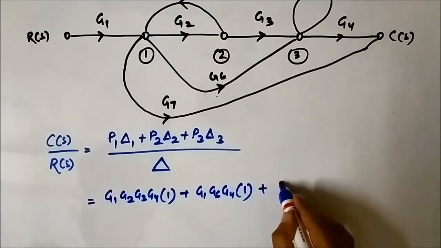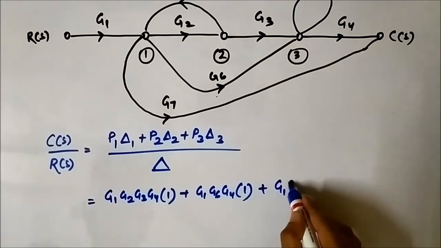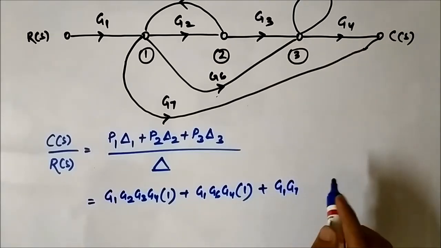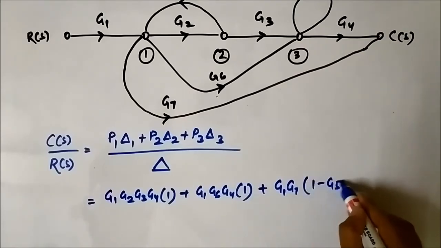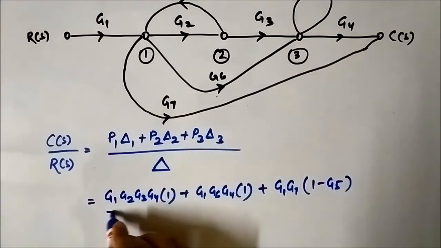Then P3, forward path gain number 3, which is G1 into G7, and delta 3 is 1 minus G5. So this numerator part is over.